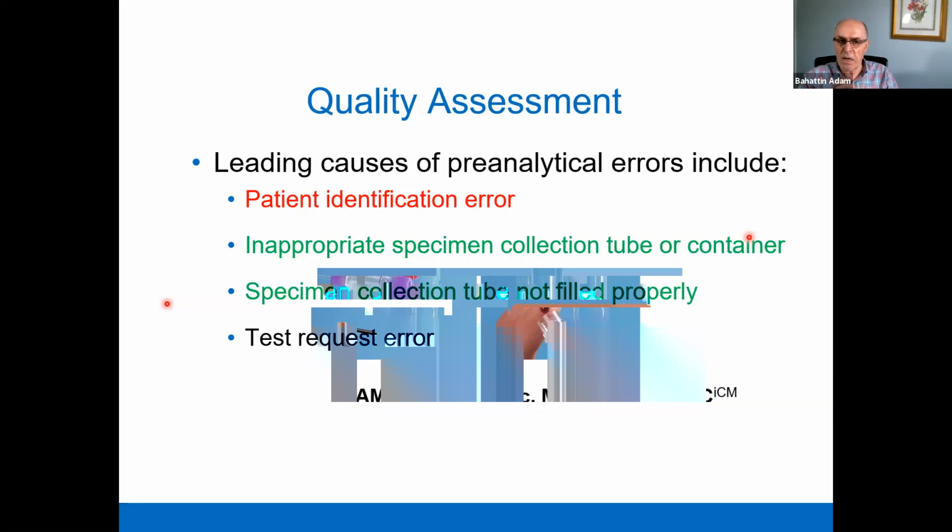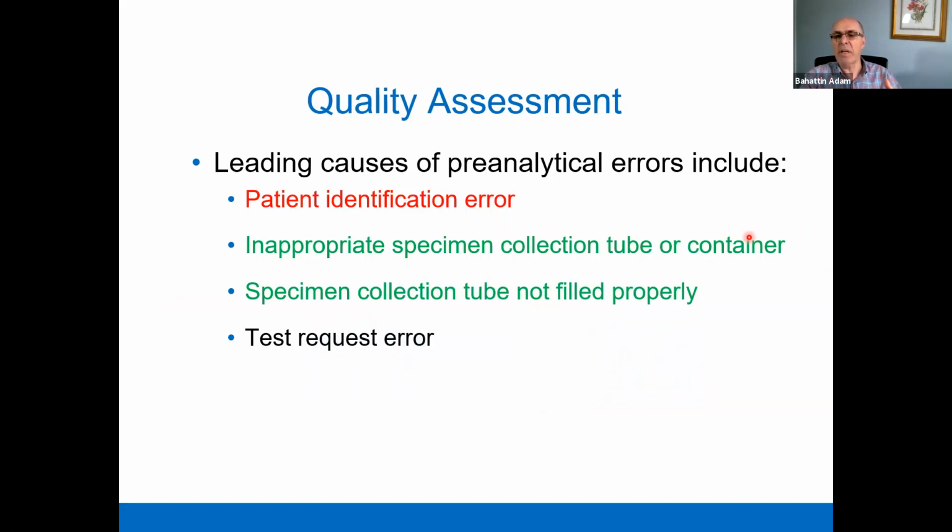And now you also know that we already discussed the leading causes of pre-analytical errors, including patient identification error and inappropriate specimen collection tube or container. If you withdraw the blood sample in an inappropriate tube or container, there are several types of test tubes.